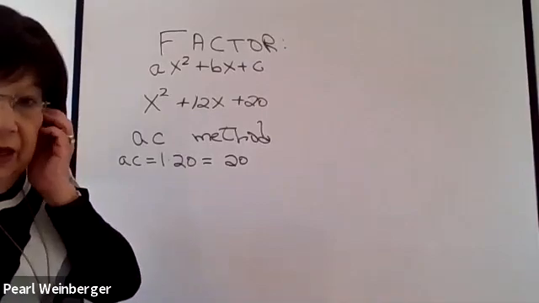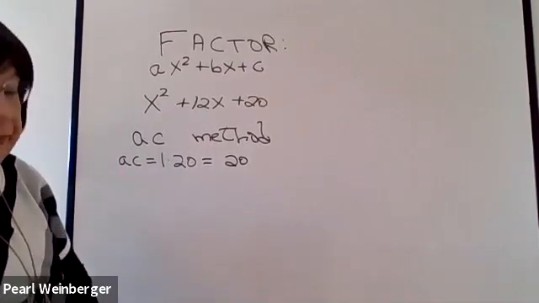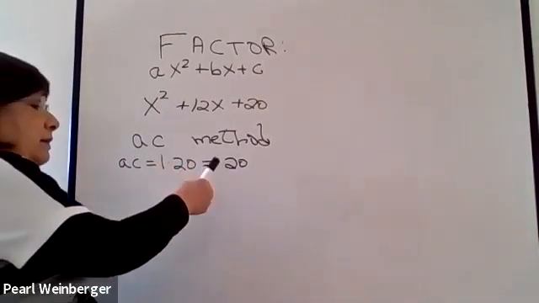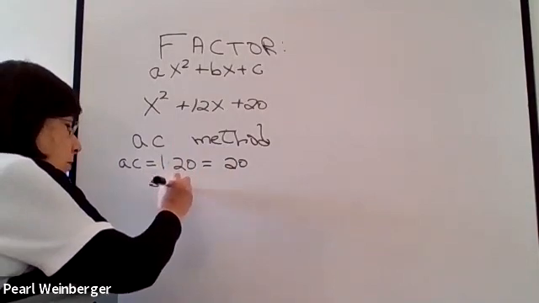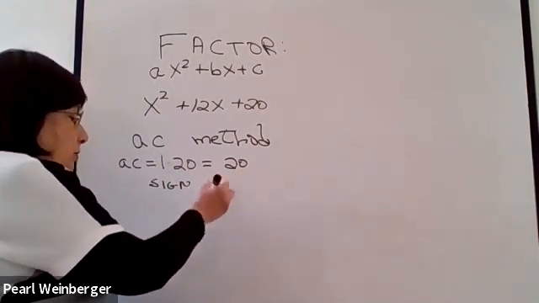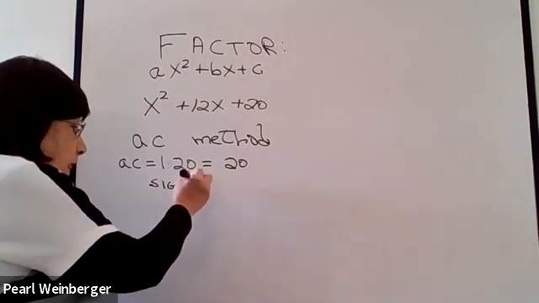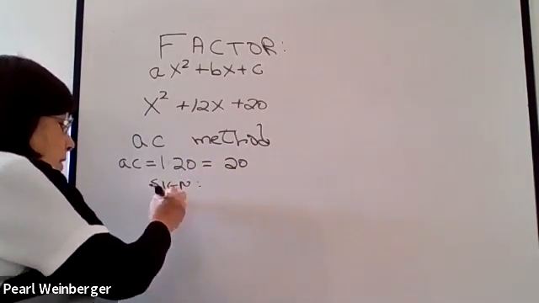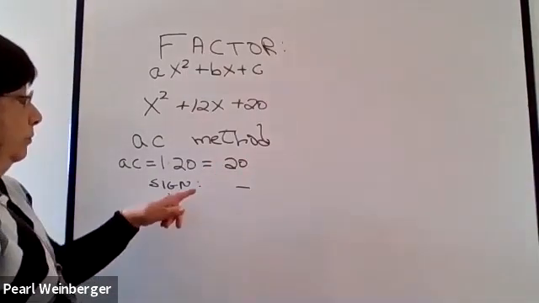After we figured out the AC, we do two things. We first look at its sign. Sometimes the sign is going to be positive, and sometimes the sign is going to be negative.